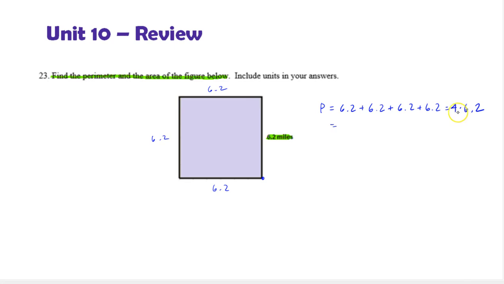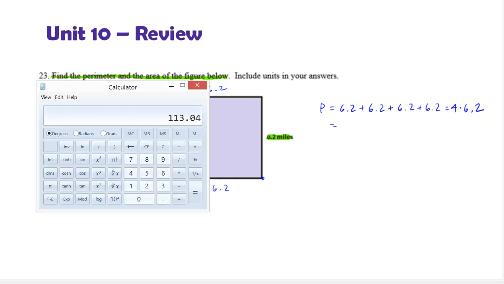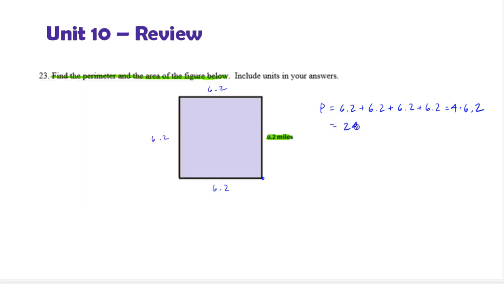Okay, and you're given this formula that the perimeter of a square is 4 times the side. To memorize that is a little bit silly because you could always just add up the sides and then use your knowledge of multiplication. So 4 times 6.2 is 24.8. And that's going to be miles because it's a linear distance of the perimeter.